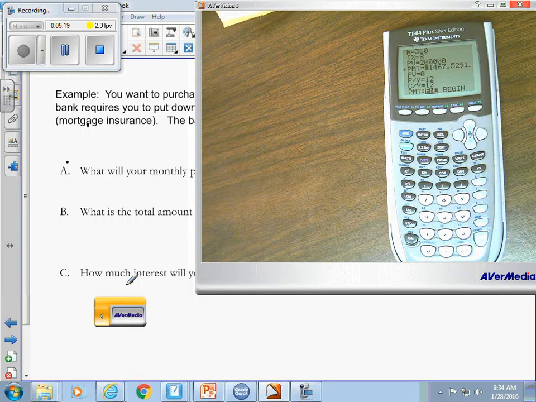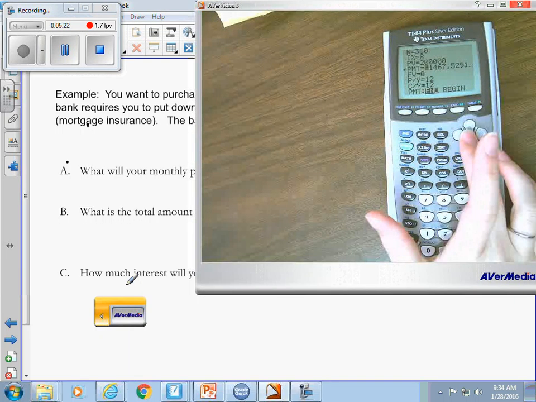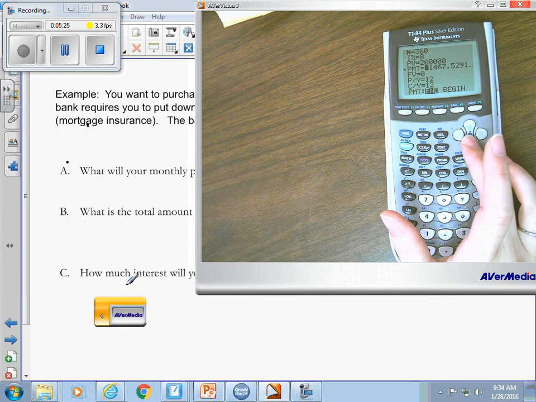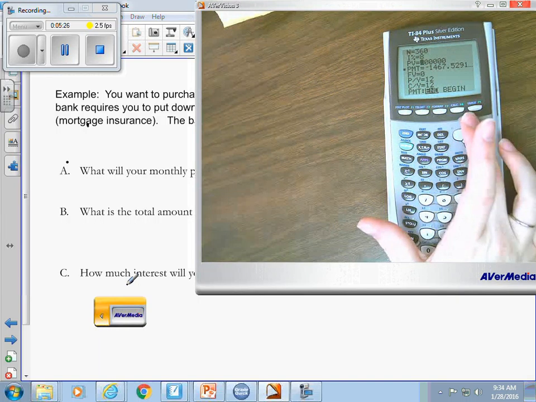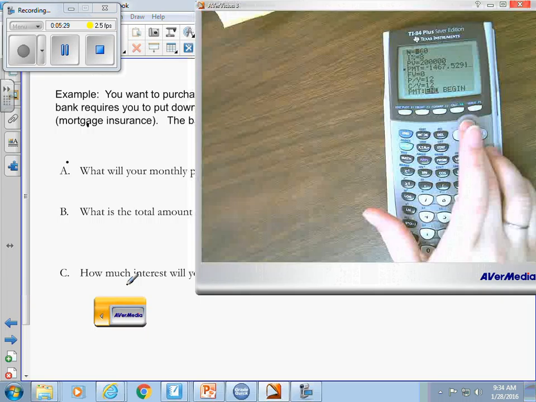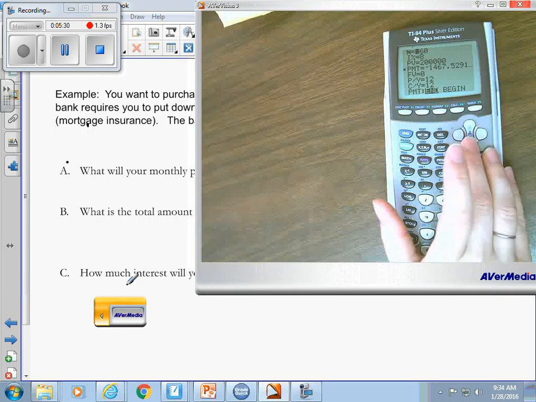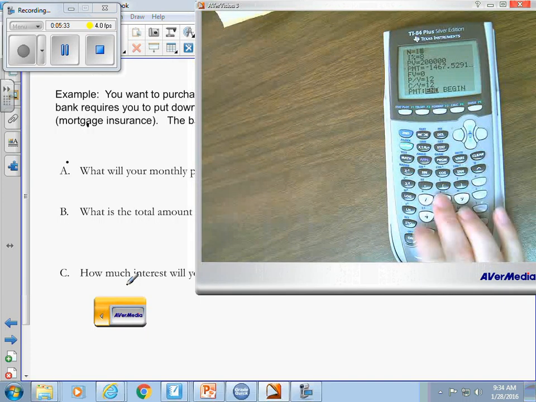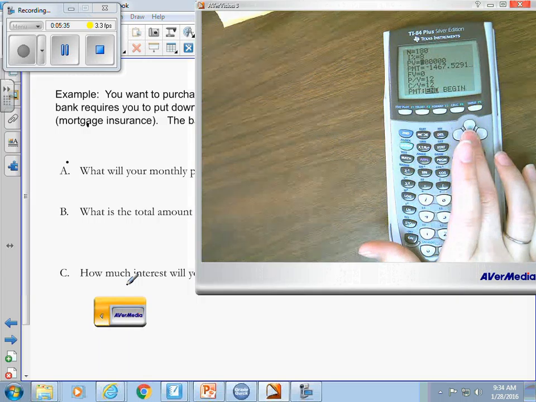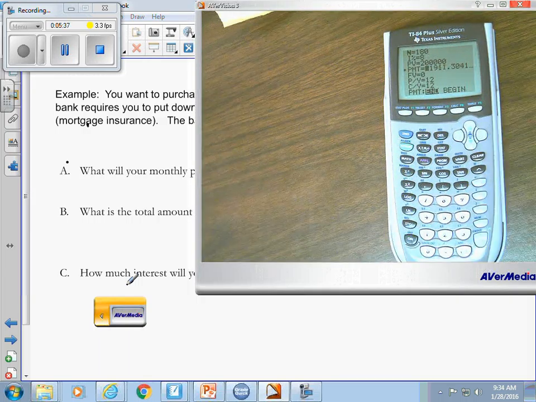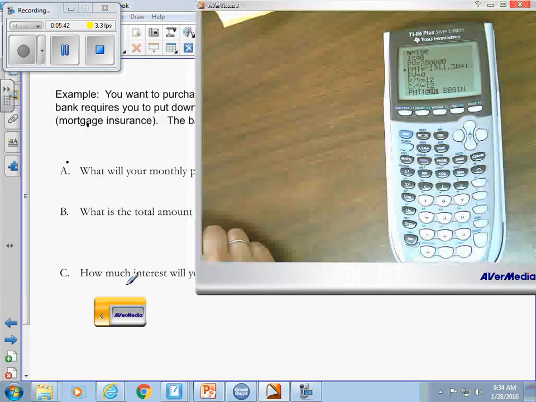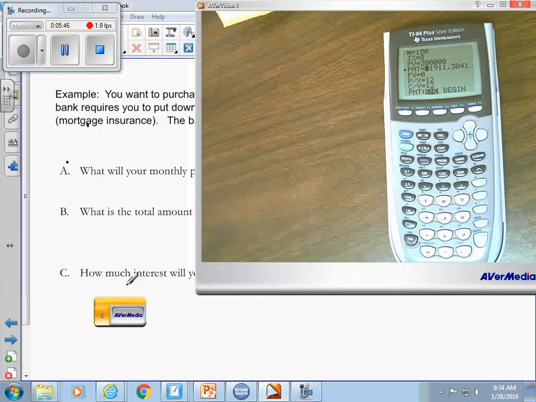So say I want to pay it off in 15 years. I could go find out what my payment would be in 15 years, right, to get it paid off sooner. So you can do things a lot faster with the program. You can just make changes.